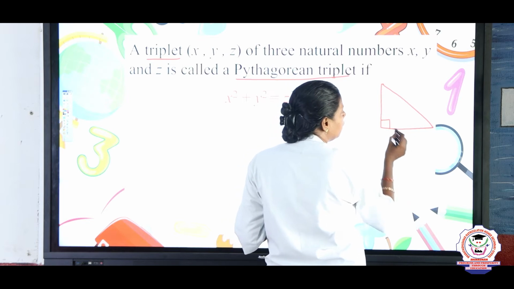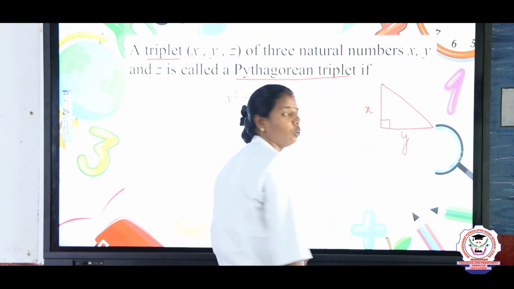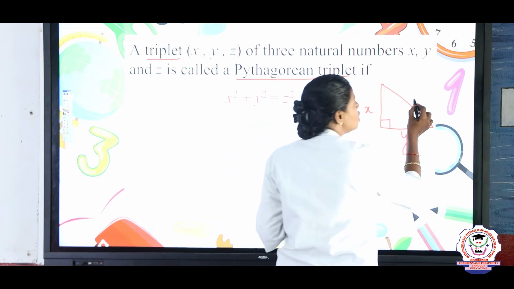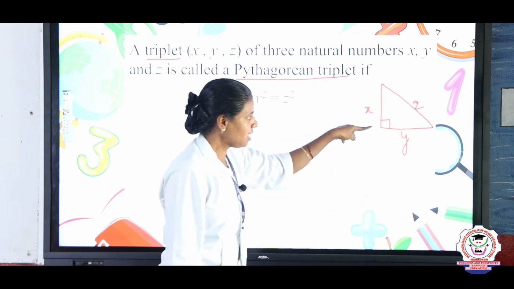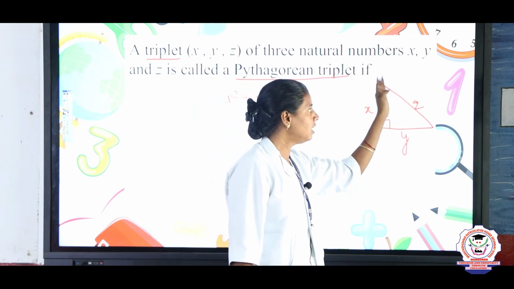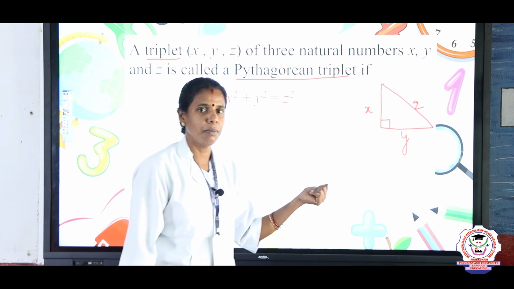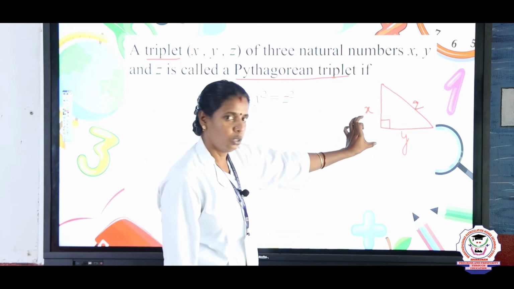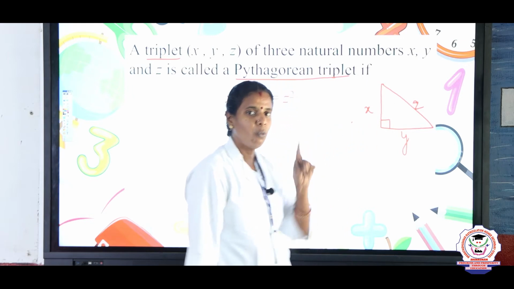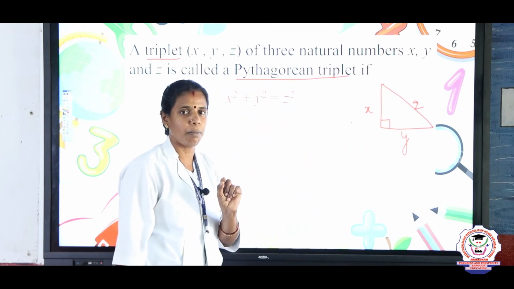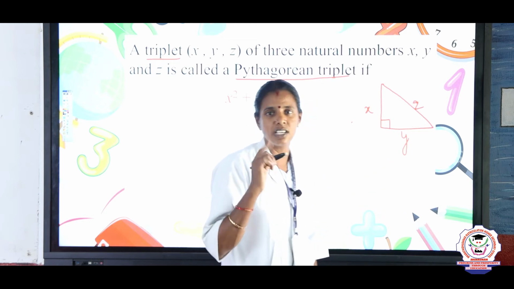So for the two sides x, y, the sum of the squares of the two sides is equal to the square of the third side. The first side is x, the second is y and the third is z. Here the one condition we need to remember is that the third side we take should be the largest value.